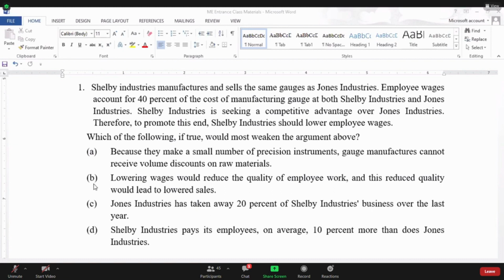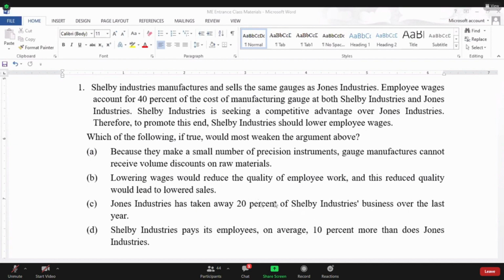Exactly, B. What is the logic given? Lowering wages would reduce the quality of employee work. It means if wages are lowered, then if employees get low payment, there won't be qualitative work.